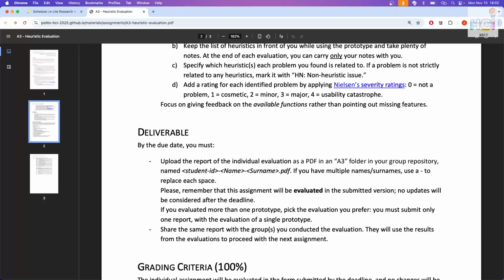It's better not to interrupt the evaluator, but if the evaluator asks something, you can answer in a way. And the computer person doesn't speak, okay? Just acts as the computer, right?